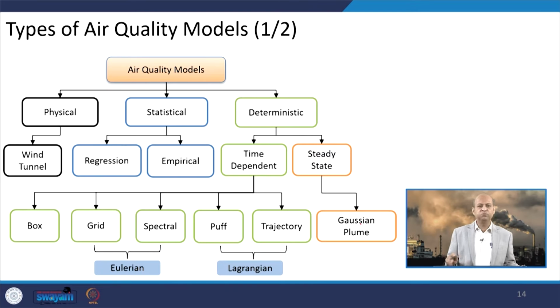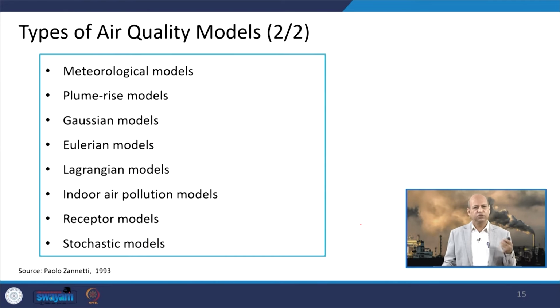Then Gaussian plume it may be, or in time dependent it could be box model or grid or spectral or puff or trajectory related. Then different techniques could be Eulerian or Lagrangian. Accordingly, you can have those air quality models. You might also have heard about artificial neural network, ANN, or fuzzy logic, those kind of things that are also being used nowadays.